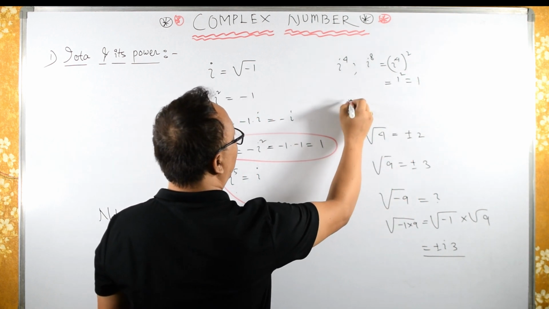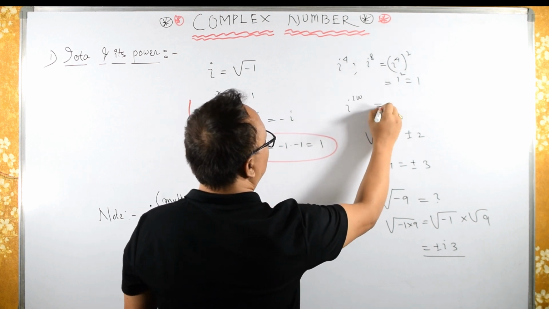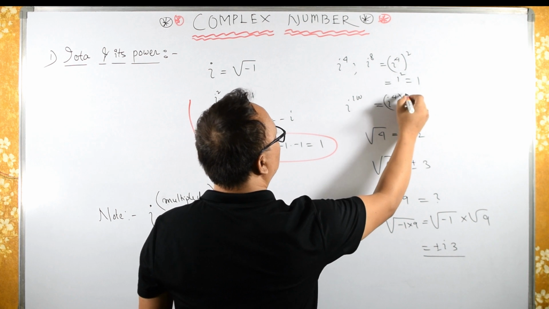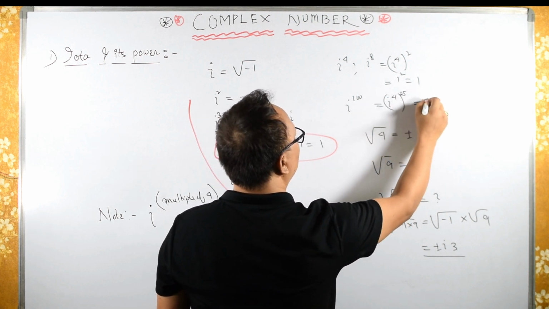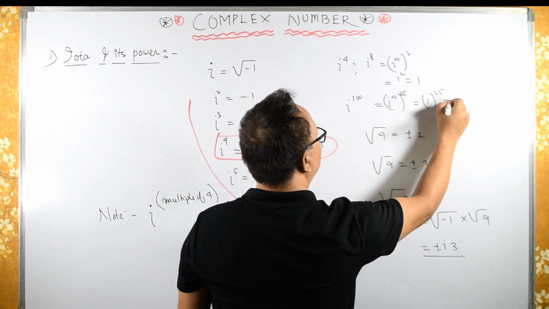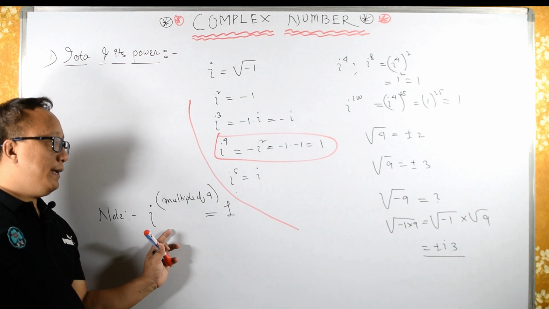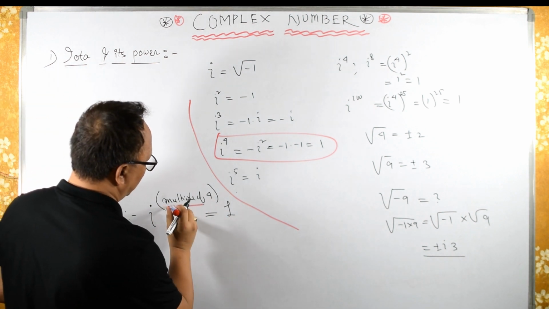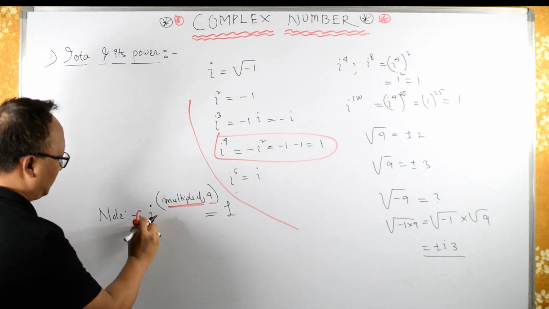Similarly, if I want to find i raised to 100, this is i raised to 4 into 25. i raised to 4 is 1, and 1 raised to 25 equals 1. Therefore, i raised to any multiple of 4 equals 1. This is note number 1.